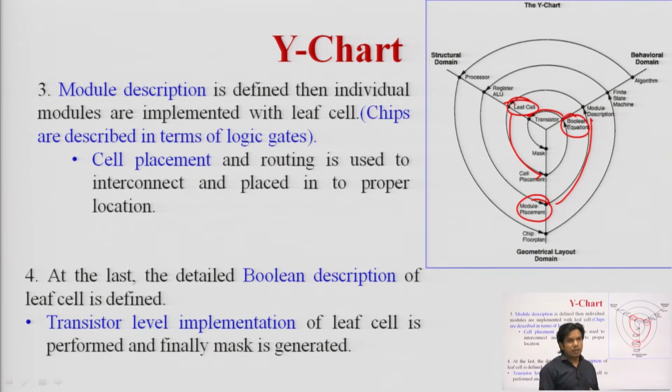This can be done by using software like Synopsys HSpice, or you can use Cadence Virtuoso. Once it is done, you go for the mask. Finally, the mask is generated for the circuit, and now you can go for the fabrication.